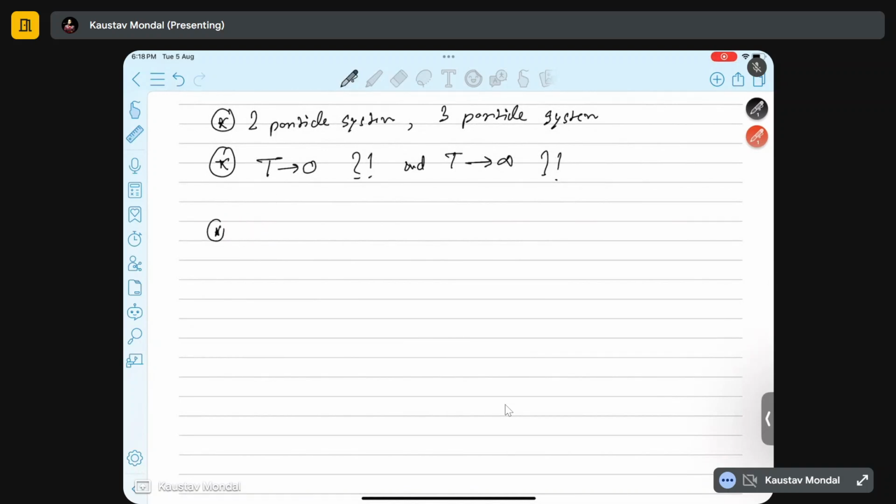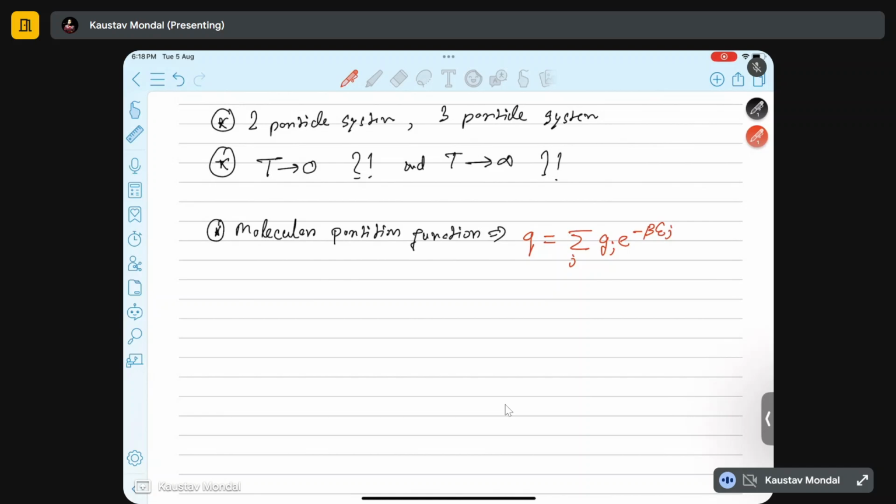The molecular partition function, including the degeneracy in the system, looks like this: Q would be simply the summation over j of gj e to the power minus beta ej. This is the expression of the molecular partition function.